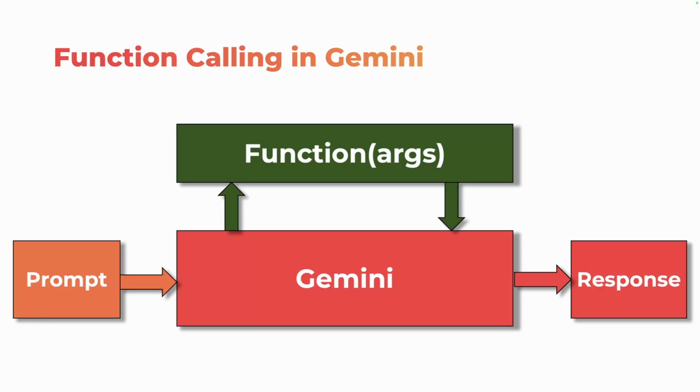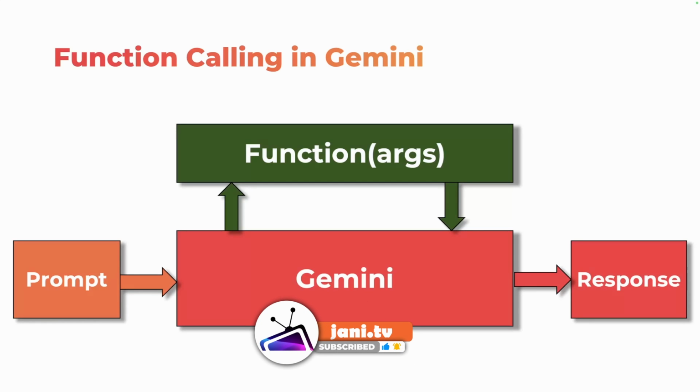Typically a function has an input parameter and an output parameter. So Gemini's function calling capability can take the prompt, break it down, and based on the given functions and parameters, identify the ideal function to call. It automatically calls that function within your environment and uses that as a context and then comes back with the response.